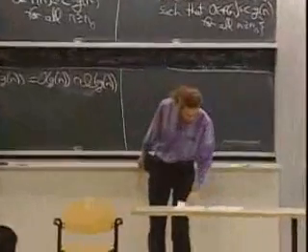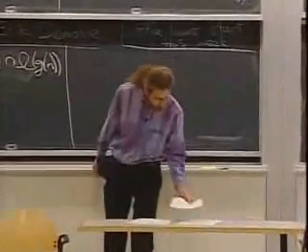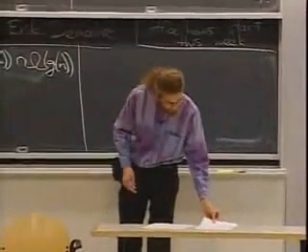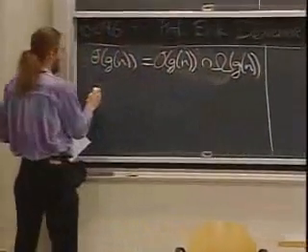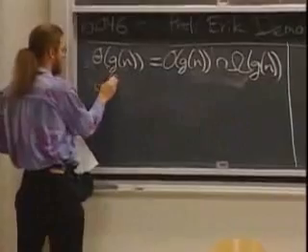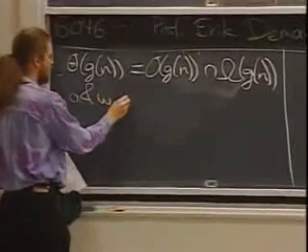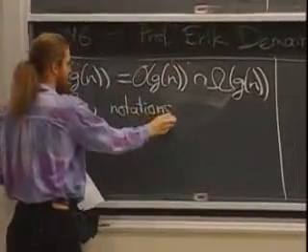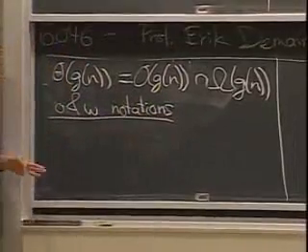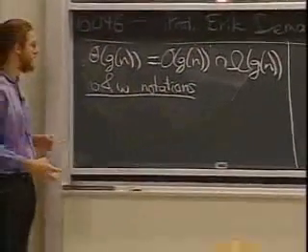Okay, and we have some strict notation, which are the little o and little omega notations. There's no little theta because there's no notion of strict equality versus unstrict equality.